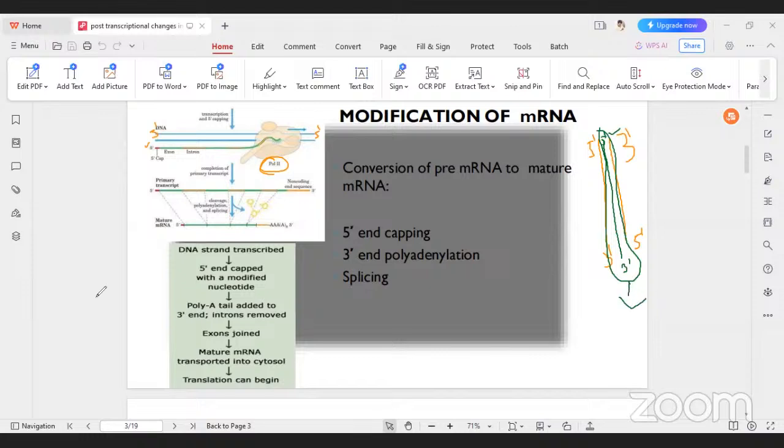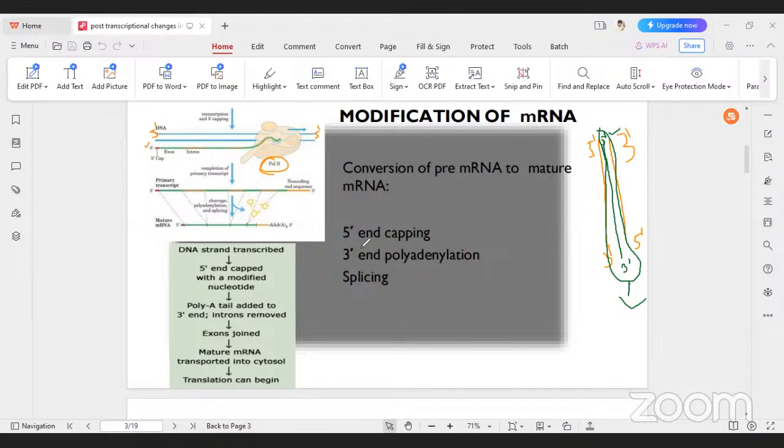Then we will see what happens after the mRNA is prepared. Majorly 3 aspects are there. This first formed RNA is called pre-mature RNA or hnRNA. It needs to be matured.